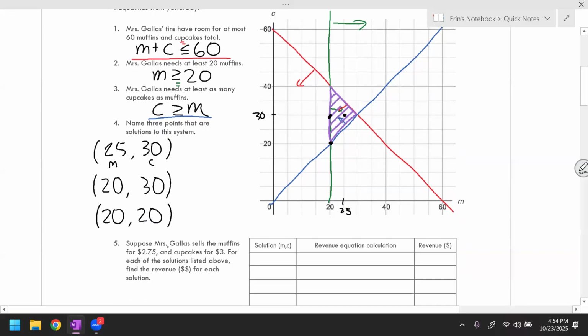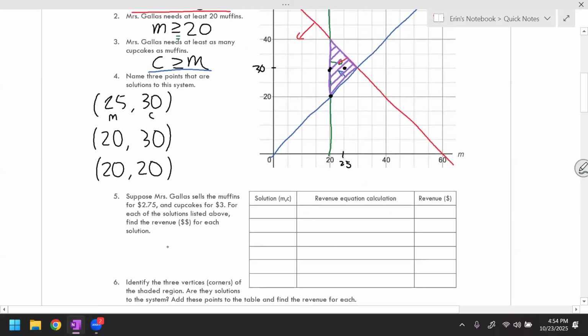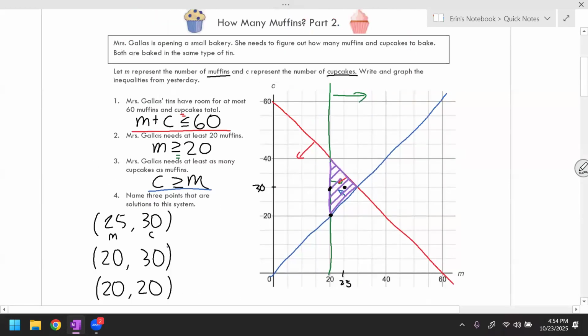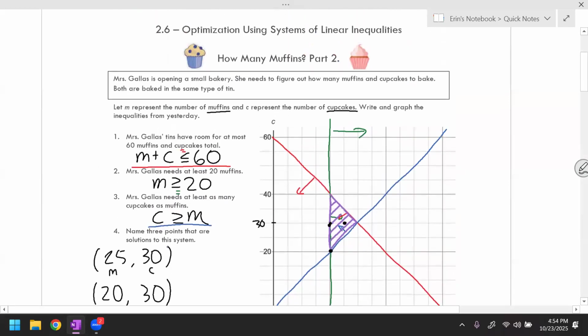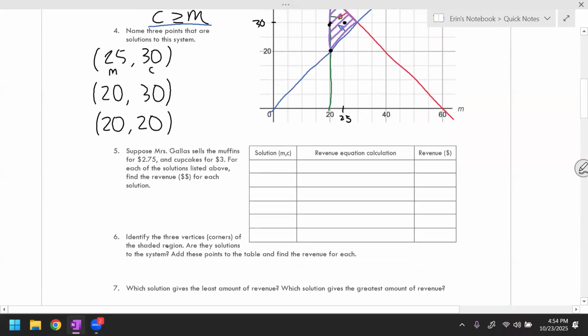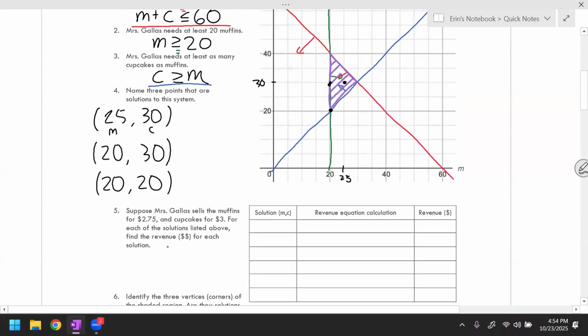Now we're supposing that Mrs. Gallus sells the muffins for $2.75 and the cupcakes for $3. So we haven't talked about money at all yet, but now we're going to sell them at those prices. For each of these solutions, let's find the revenue, the money that we're going to make. Let's start with 25, 30. So I make 25 muffins, 30 cupcakes.